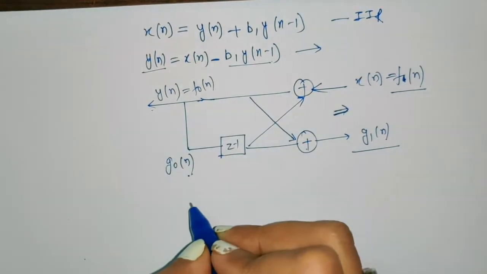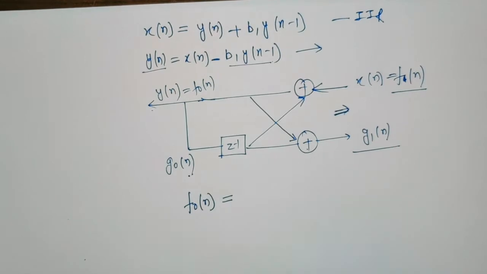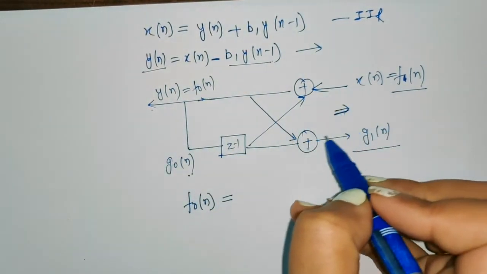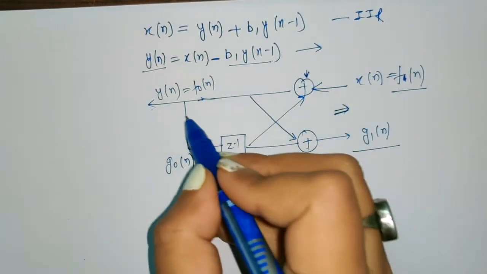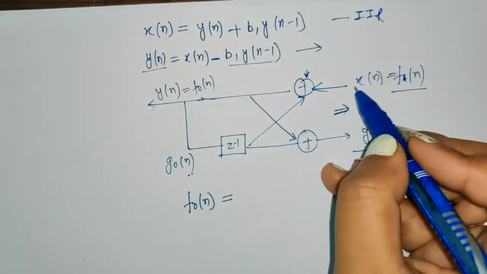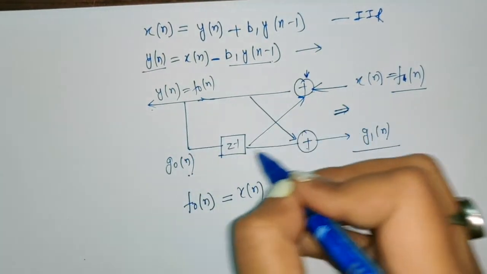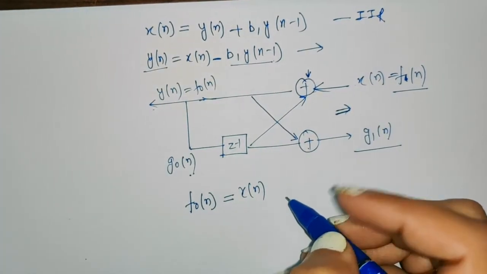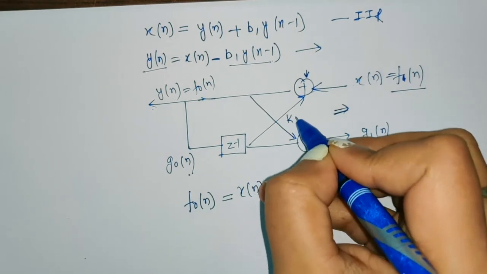This is your output, right? So your output is F0n, and this is your F0n here. So the output will come from this adder, right? So your F0n is basically what? Xn, coming from this direction, plus this G0n. Suppose the coefficient is K1.